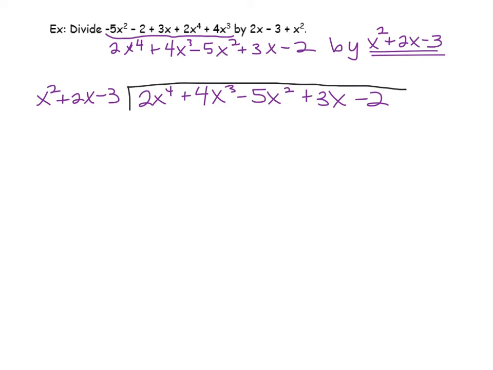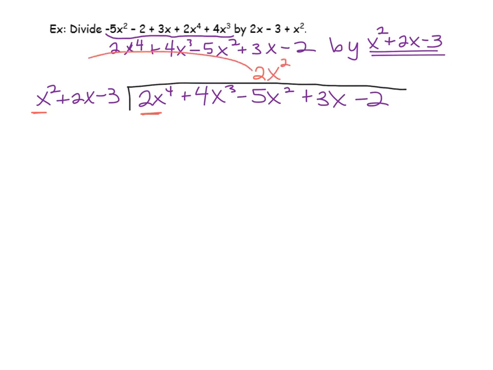All right, so now what we need to do is take a look at the first term on the outside and the first term on the inside. What could we multiply x squared by to equal 2x to the fourth? Well, we'd need a 2 for sure. To get x squared to equal x to the fourth, we'd have to multiply it by another x squared. So I'm going to write that as 2 times x to the second, or 2x squared.